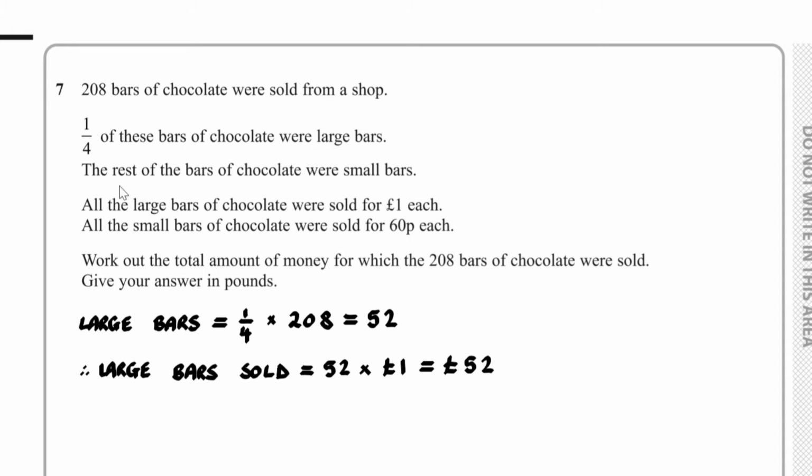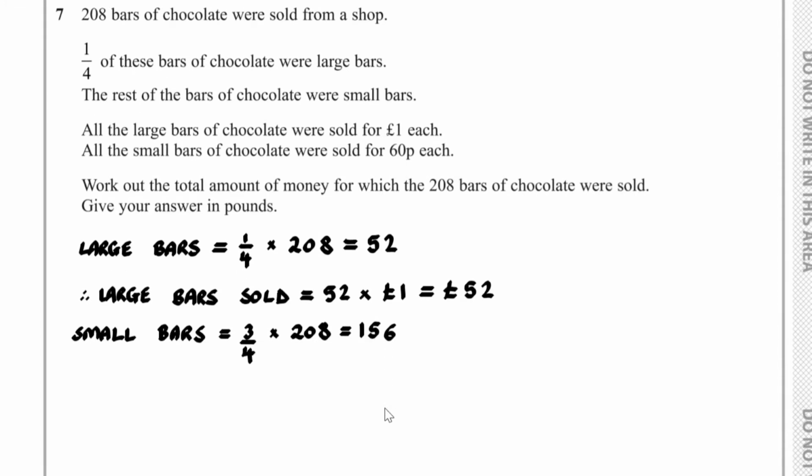We know the rest of the bars of chocolate were small bars. So the number of small bars of chocolate we have is 3/4 of 208. In other words, 3 times 52, which is equal to 156. So we have 156 small bars of chocolate sold.